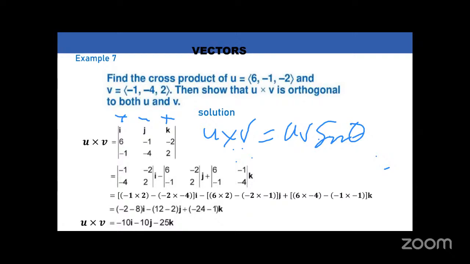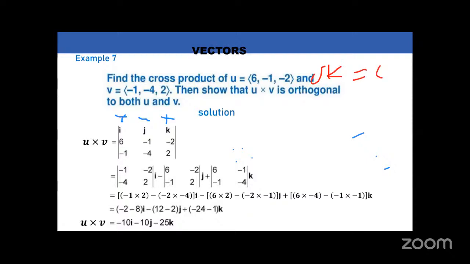So that is the rule. Coming back to this example, we cross to find I. It means I must multiply j and k to give me an I. J and k components are these.